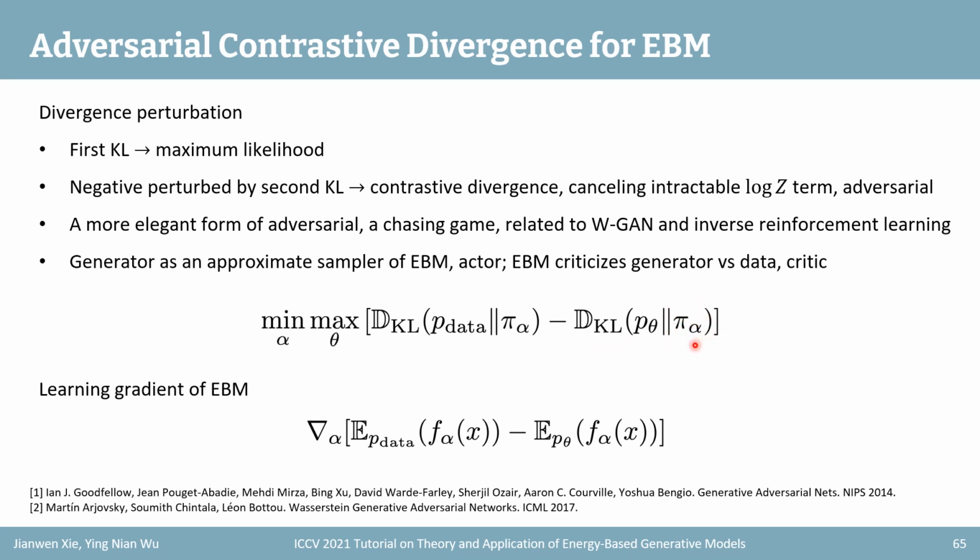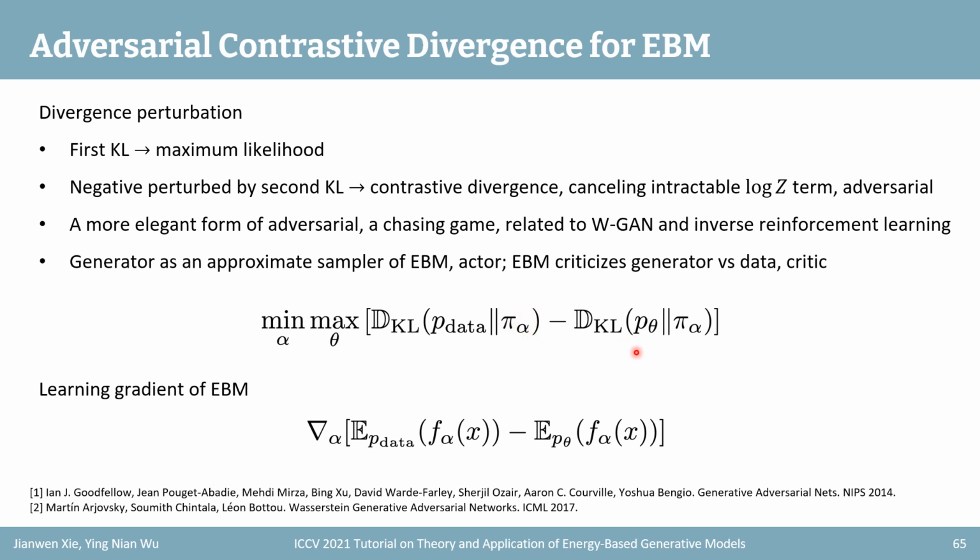Okay, so that's the maximization part. And for the minimization, this is a perturbation of this KL divergence that underlies maximum likelihood learning of the energy-based model. Okay, and the learning gradient for alpha actually is just like this, as if we sample the synthesized images from this generator instead of from the current energy-based model.